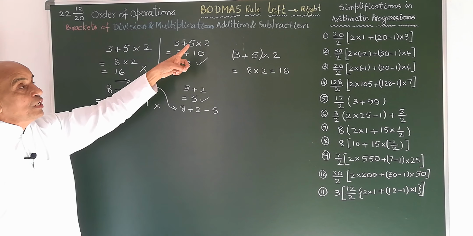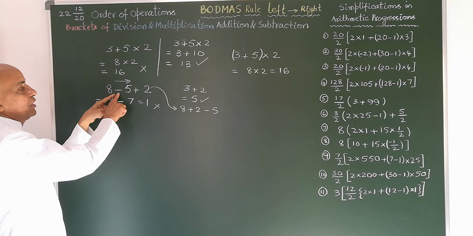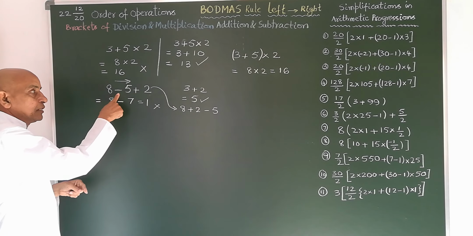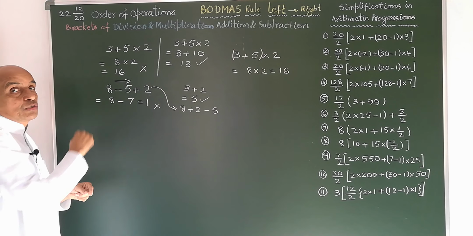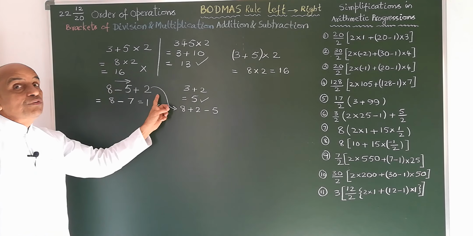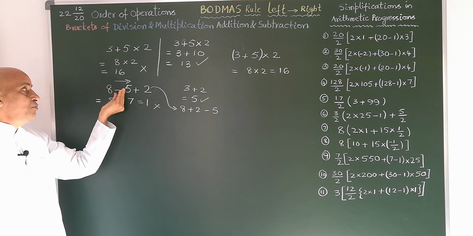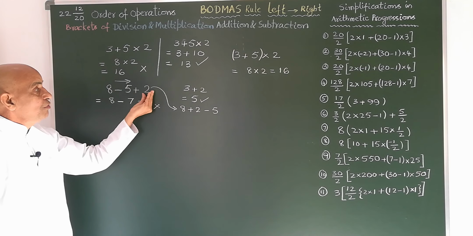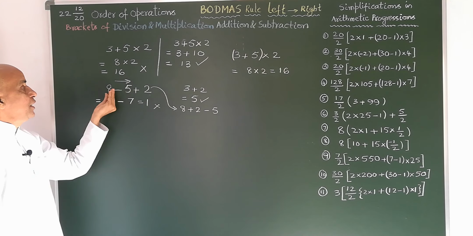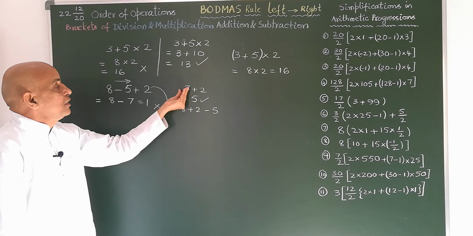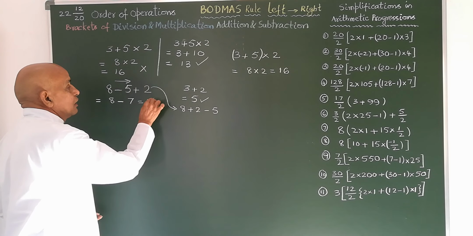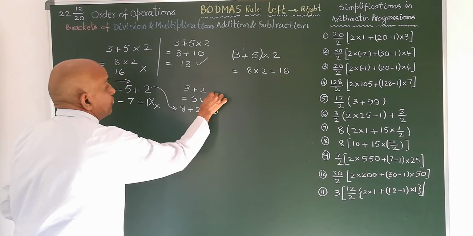So you have to follow that rule, left to right. Whenever you have any confusion like this, subtraction also has come, addition also has come, then you have to follow left to right. So first we will solve this subtraction, then we will solve this addition. 8 minus 5 is 3. So this is wrong and this is right.